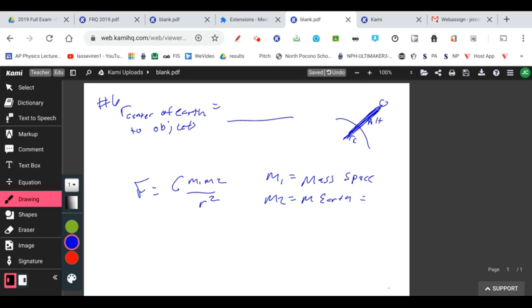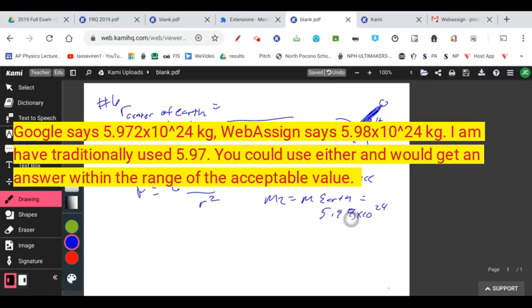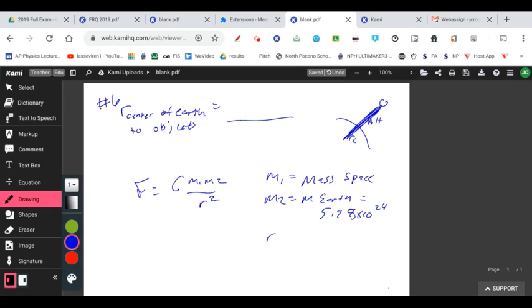That would be 5.98 times 10 to the 24th. And then you would also need the radius, which again is provided.